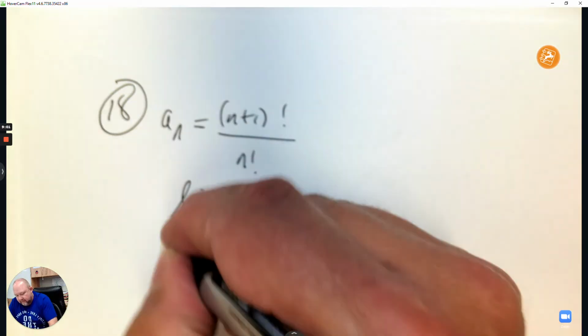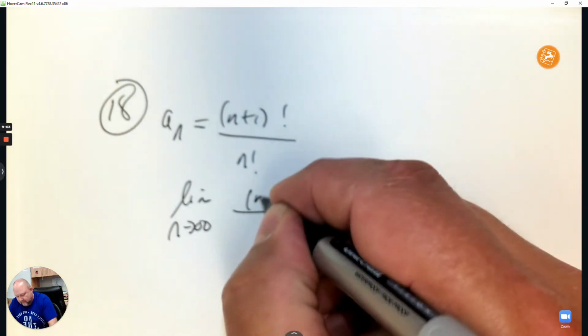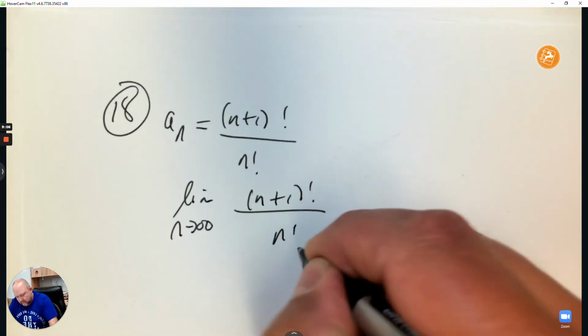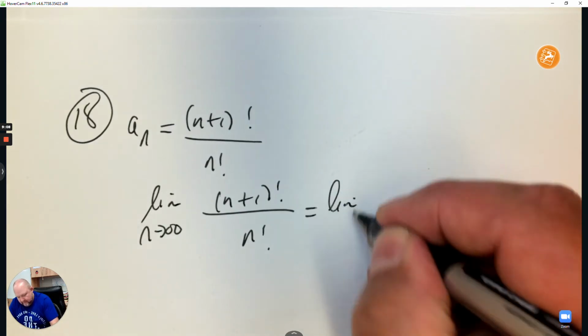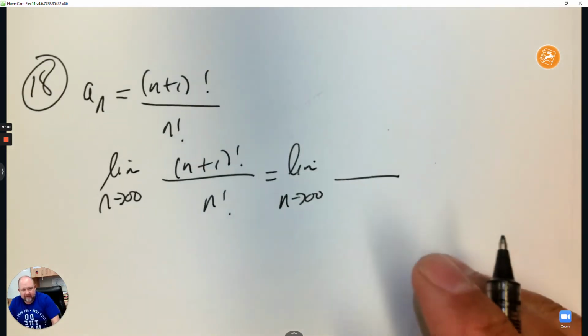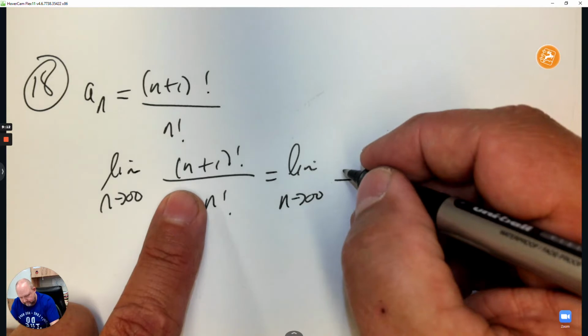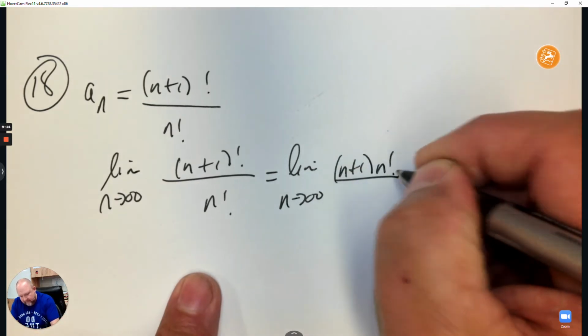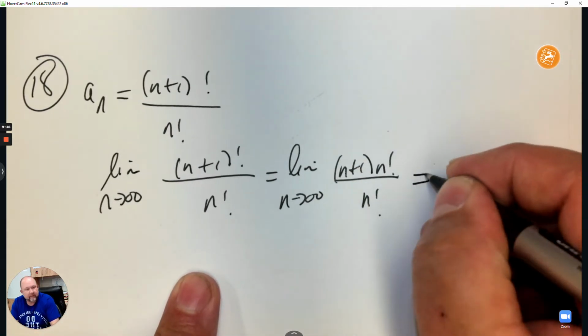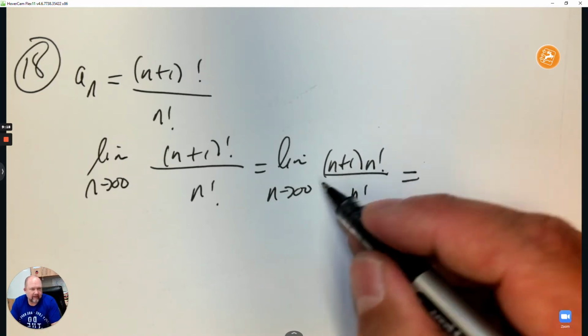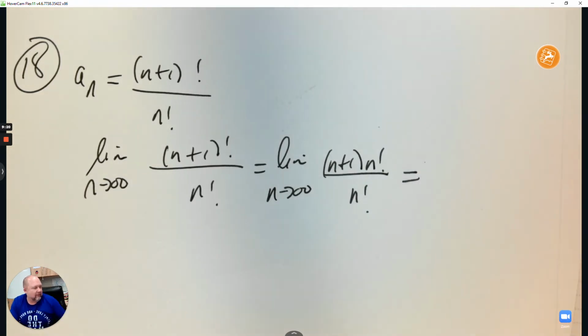So, I meant to write this as a limit right away, but I didn't. So I'm going to count down and simplify it. n plus 1, and then n factorial. So notice the n factorials divide out, but n plus 1 goes to infinity.